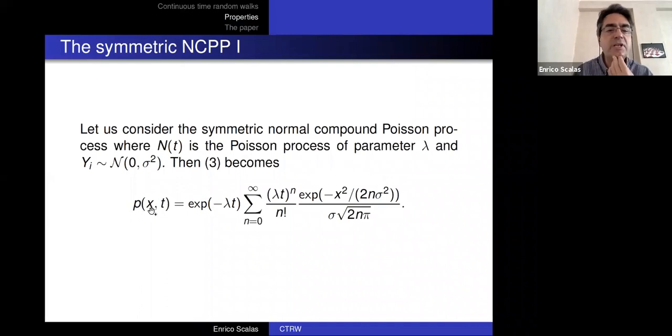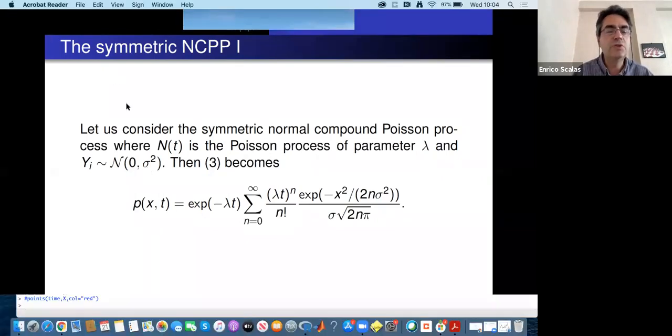This is a particular continuous time random walk where the waiting times are independent and identically exponentially distributed, and the jumps are normally distributed with mean mu 0 and variance sigma squared.